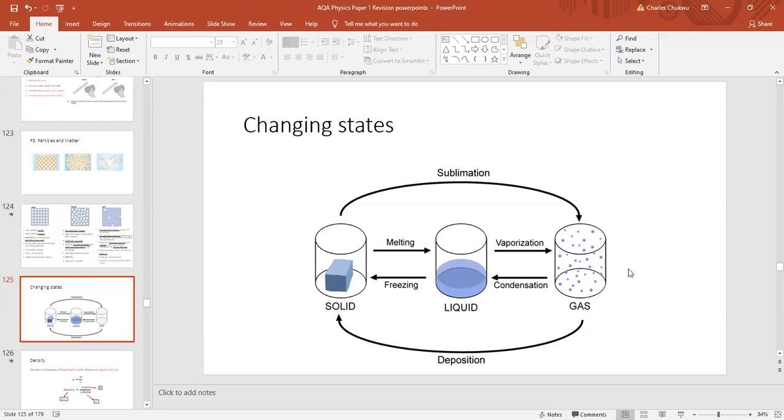Vice versa, it goes from gas back to liquid by condensation, and then from liquid, it goes back to solid by freezing, a process called freezing. Of course, there are exceptions to the rule. Sublimation can happen when a solid goes directly to gas, and when the gas is going to turn back to solid, the opposite is called deposition.